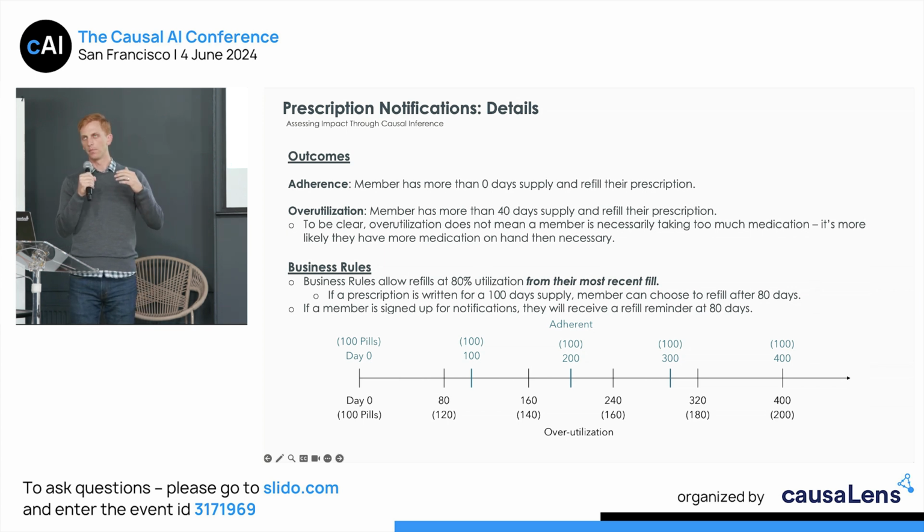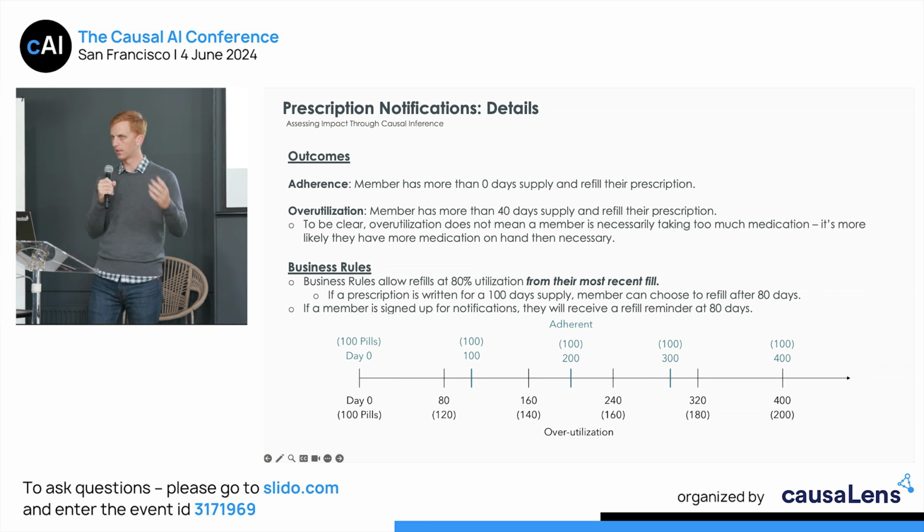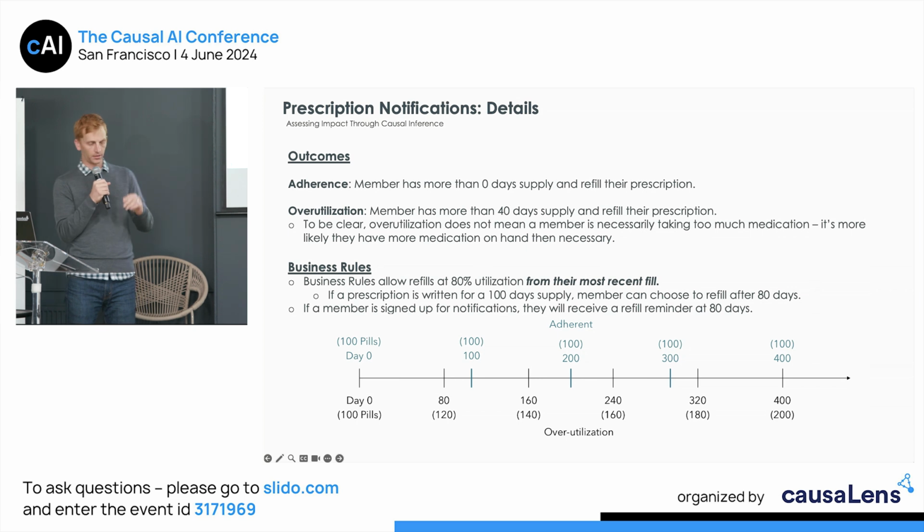So they have 40 days supply, then they're ordering another 100 days supply, so they'll have 140 days supply on hand. Just to be clear, overutilization doesn't necessarily mean a member is taking too much of that medication, especially in this case, where we're talking about a maintenance medication. It's very standard. It's more likely that they just have more medication on hand than necessary.